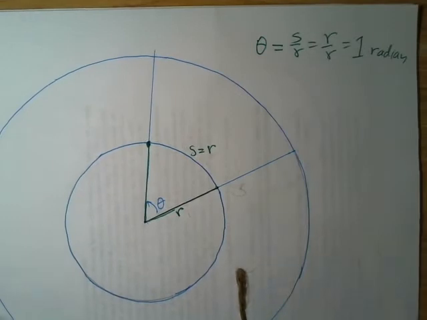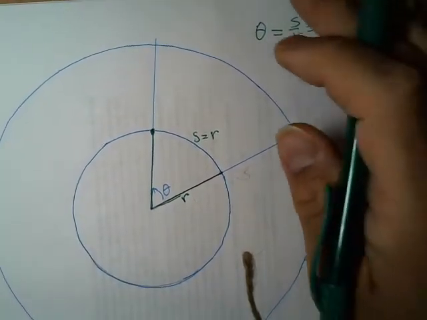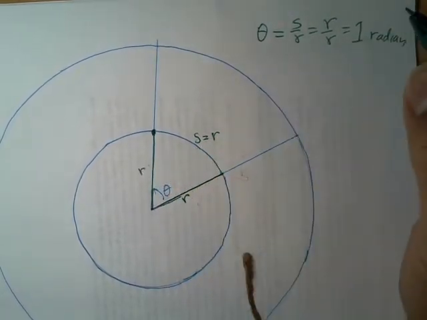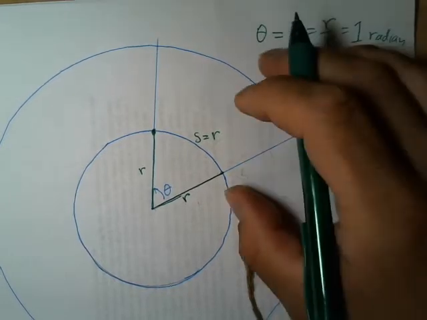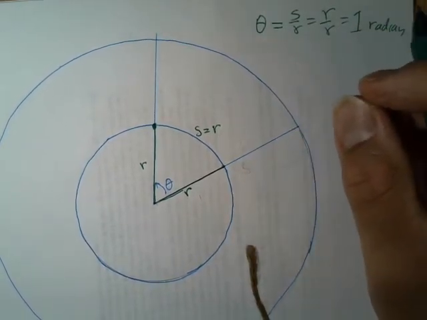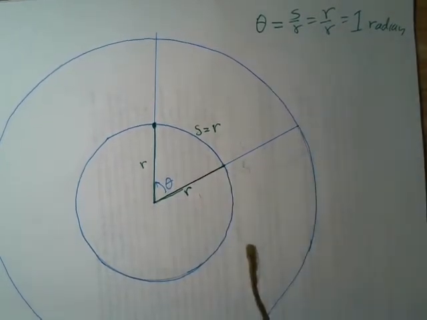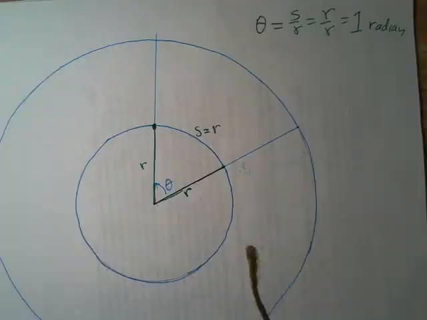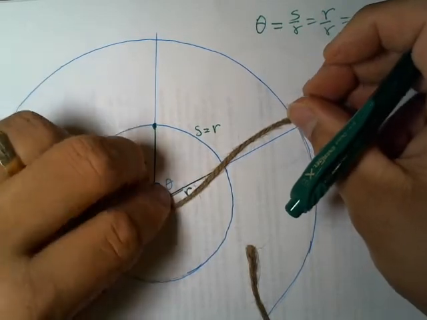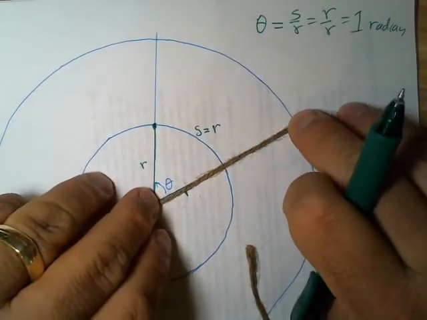What we want to show here is that this is independent of the size of the circle. In a lot of our discussion, we talk about the unit circle, a circle of radius 1, and that's just a nice convention, but really the size of theta is independent of the radius of the circle, because as we see here, for the larger circle, this is about the length of the radius.